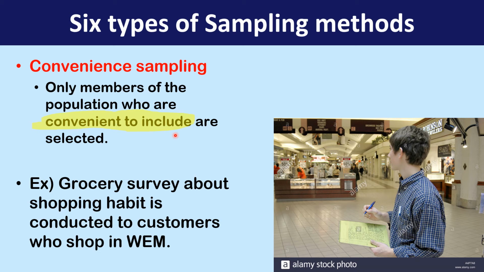It doesn't make sense to have that grocery survey somewhere other than a grocery store. If you work in a certain grocery store, like IGA in Devon, for example, and you are interested in a survey that will help modify the system of IGA, you will conduct the survey at the IGA.